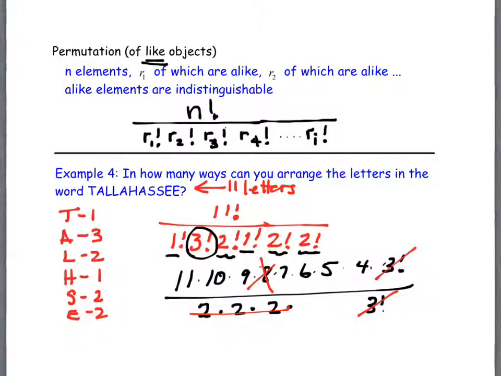Okay? Because what you're doing is you're supposed to be counting numbers of ways that something can happen. You can't have something happen in a fractional number of ways. So what is 11 times 10 times 9 times 7 times 6 times 5 times 4?